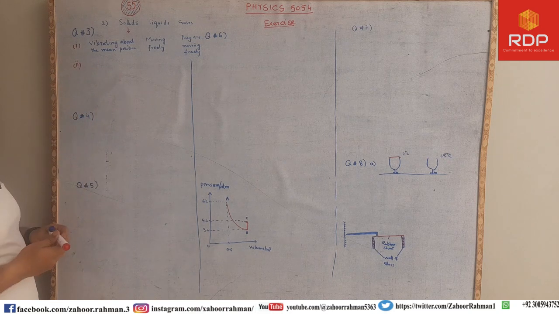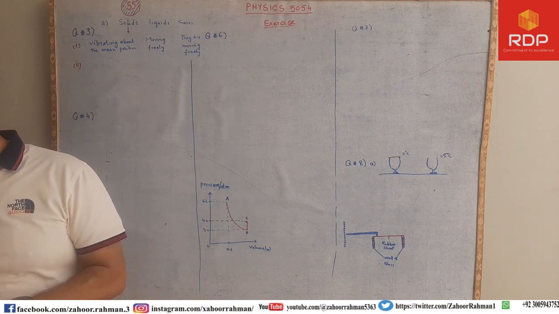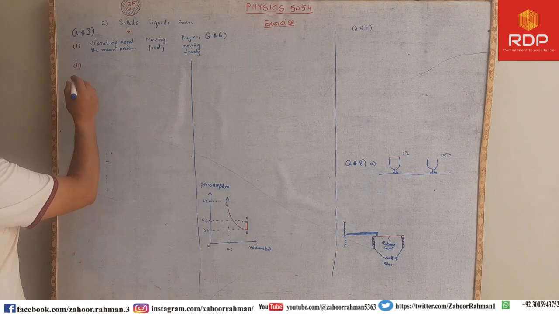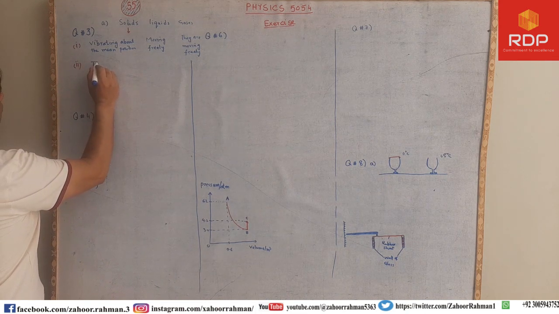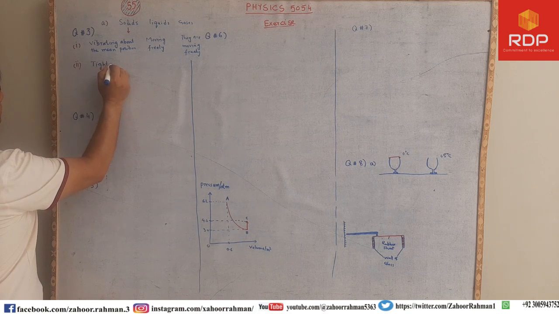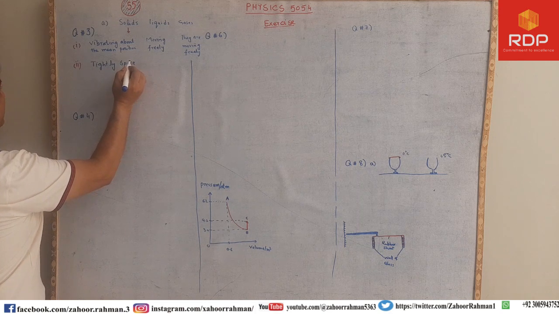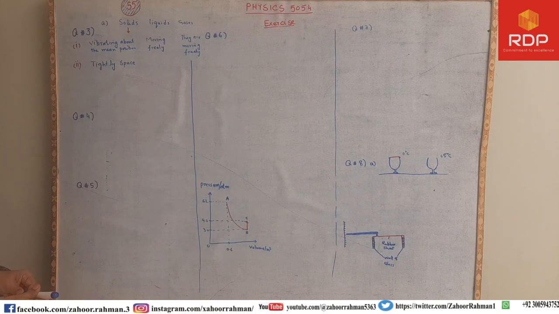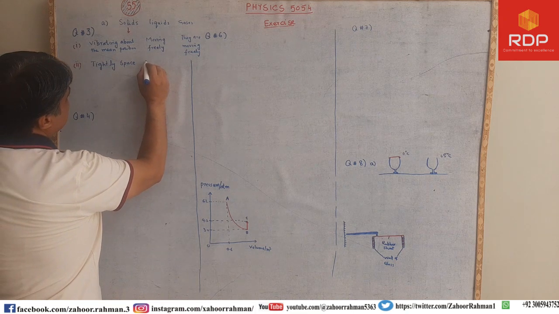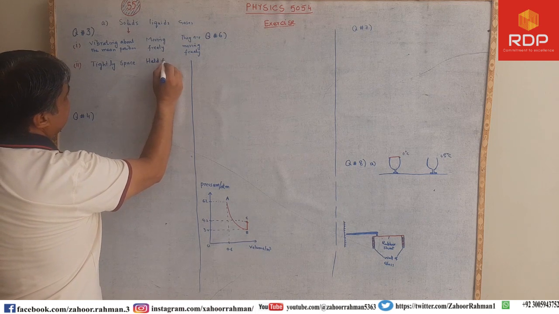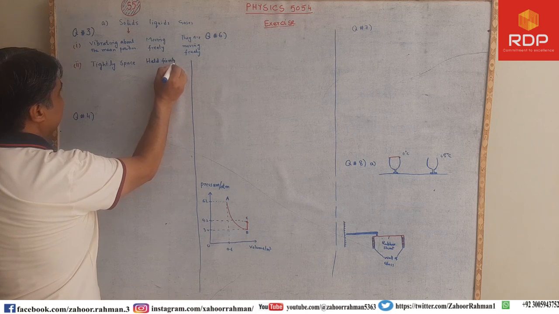In the second part, we have to differentiate the spacing of the molecules. In solids they are tightly spaced, held together with very strong attractive forces, and held firmly.